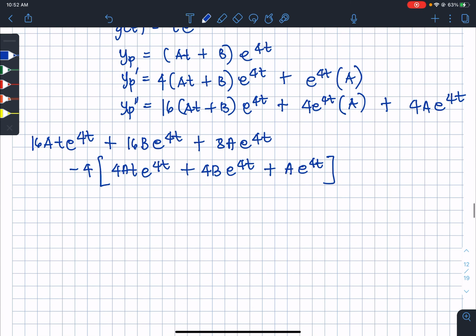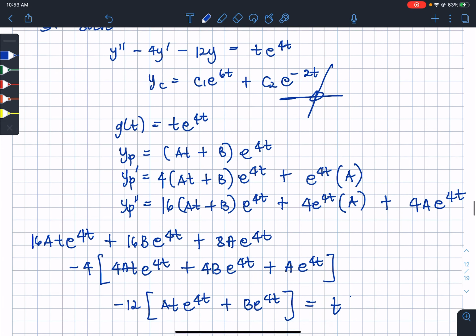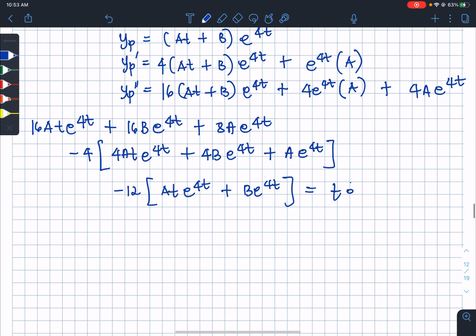And lastly, we have negative 12 times our yp, which is at e raised to 4t plus b e raised to 4t. So all in all, that would be equal to t e raised to 4t.